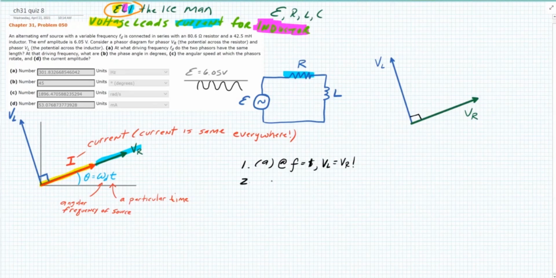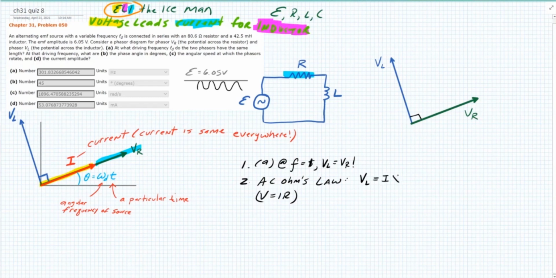Number two, let's keep going with that. What's VL? Well, here's what I'll call AC Ohm's law for an inductor. In general, you know that V equals IR. That's regular old Ohm's law. AC Ohm's law for an inductor is still the same, but let's personalize this for AC. For an inductor, V across the inductor equals the current I times the resistance.